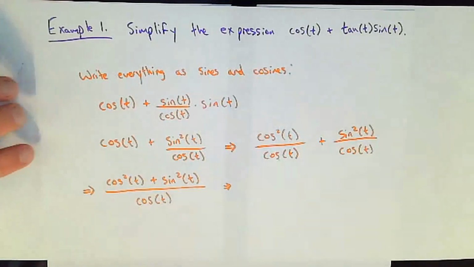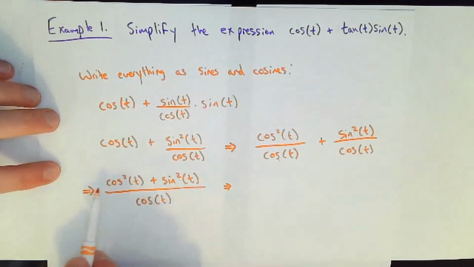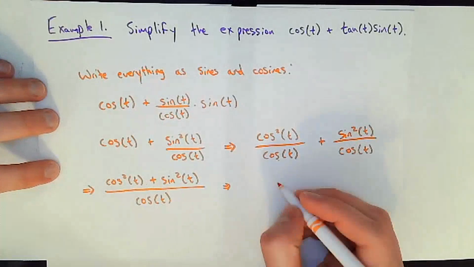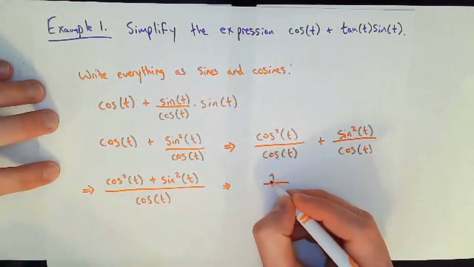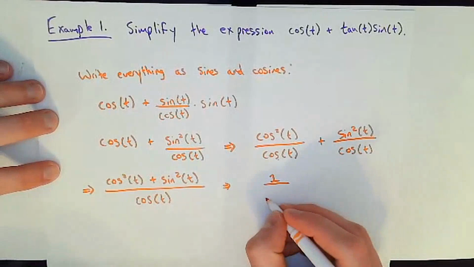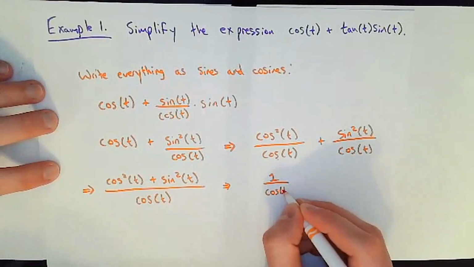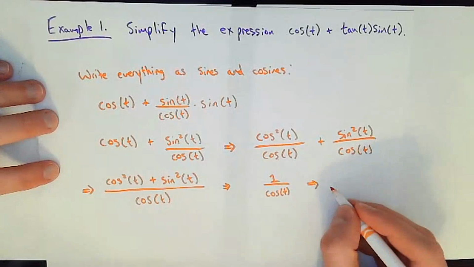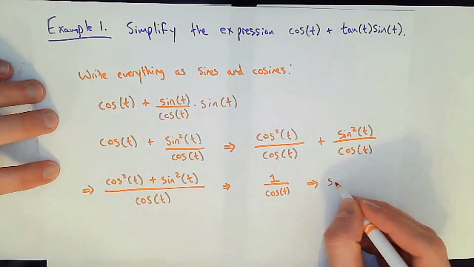So all I did there was push the fractions together. Now I recognize that sine squared plus cosine squared, or cosine squared plus sine squared, is equal to 1 by my Pythagorean identity. So I have 1 over cosine of t. What's 1 over cosine of t, though? Secant.